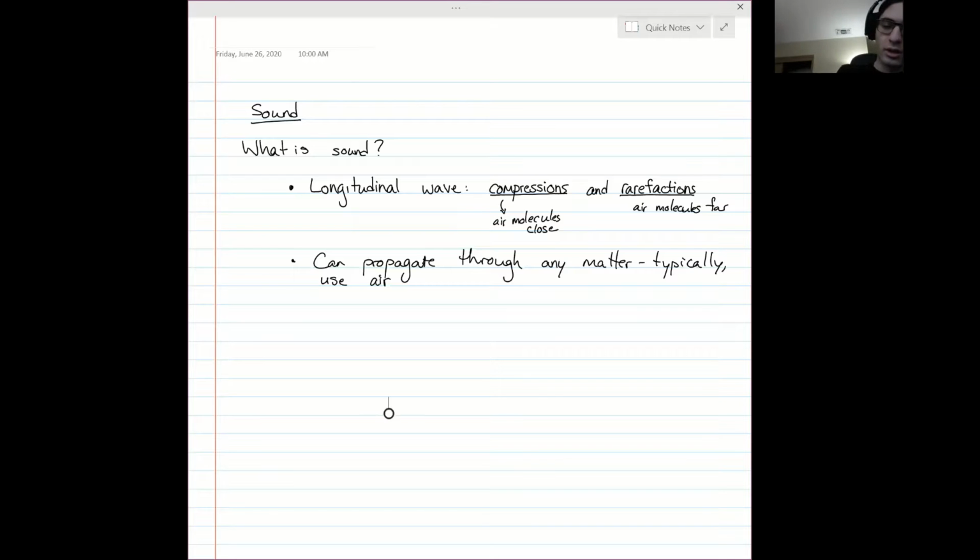Now, the reason we care about sound is because it's one of the ways that we experience the world around us. So how does that work? Well, hearing, this sense that we have, detects pressure changes by those pressure changes causing the eardrum to vibrate.